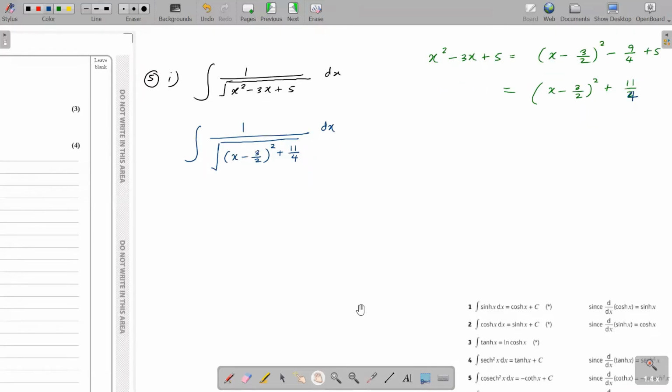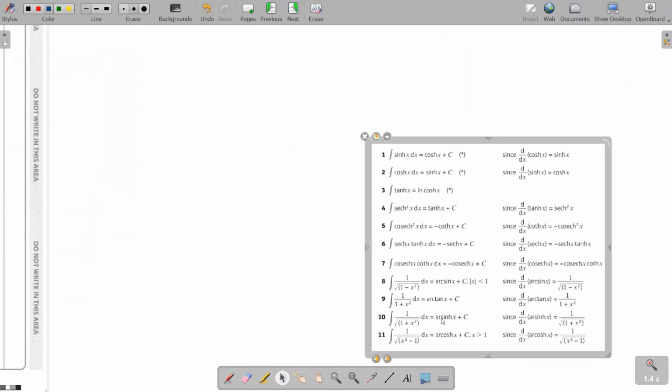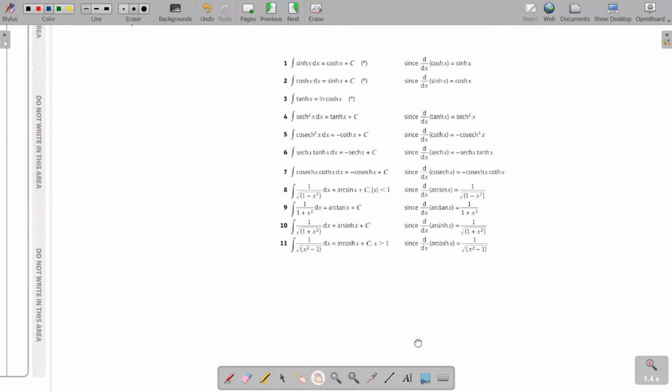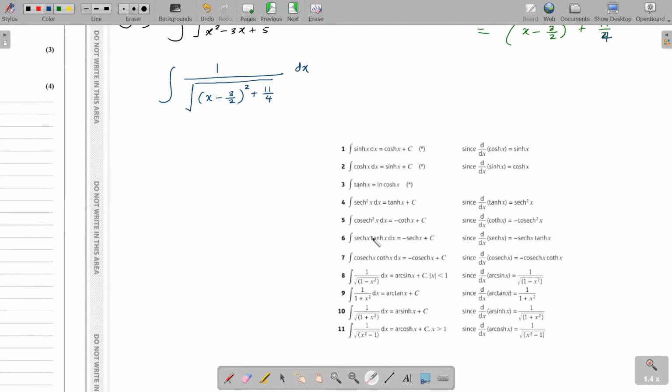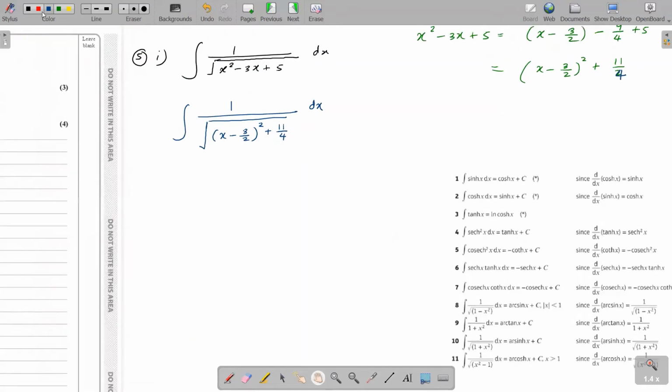So then what is the next thing we do? Normally, if you can directly apply these rules, these are the rules given in the F3 book, you have to apply one of these rules over here. But if you can't directly see it, what they do in the textbook is use a substitution. Do you remember? Let u equal x minus 3 over 2. And then we convert the dx entirely to du.